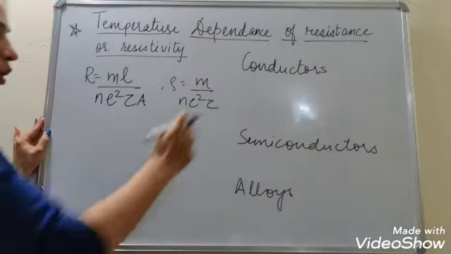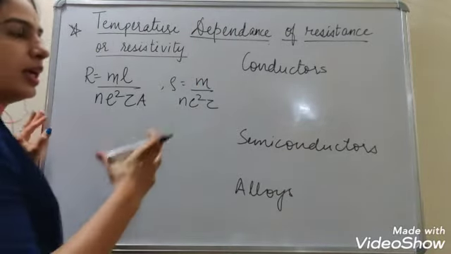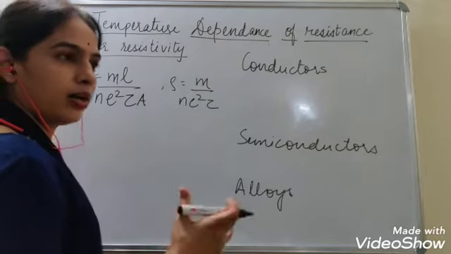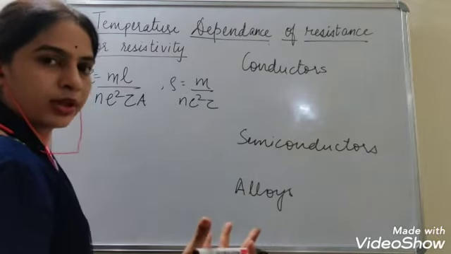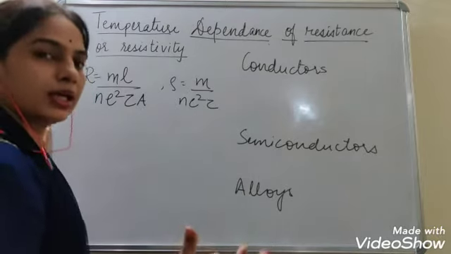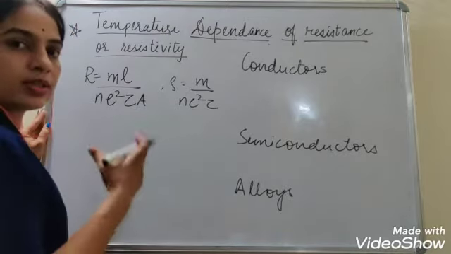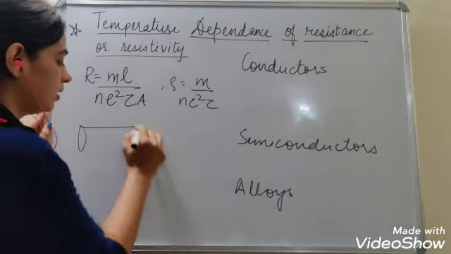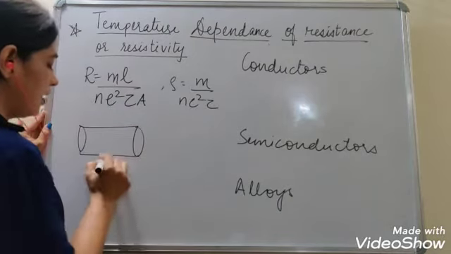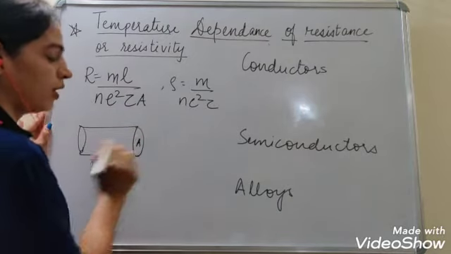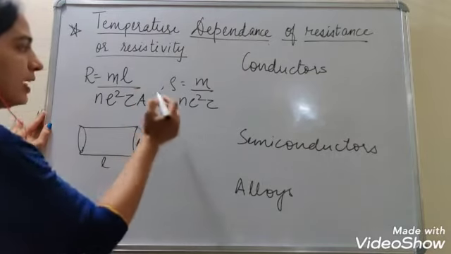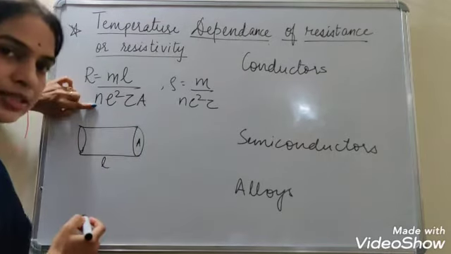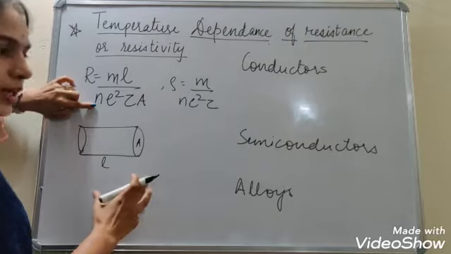Talking about conductors, conductors are obviously good conductors of electricity, and the resistance of conductors is low. If you consider a fixed length and cross-sectional area of a conductor, then its electron density, that is n, will be fixed for a particular temperature.